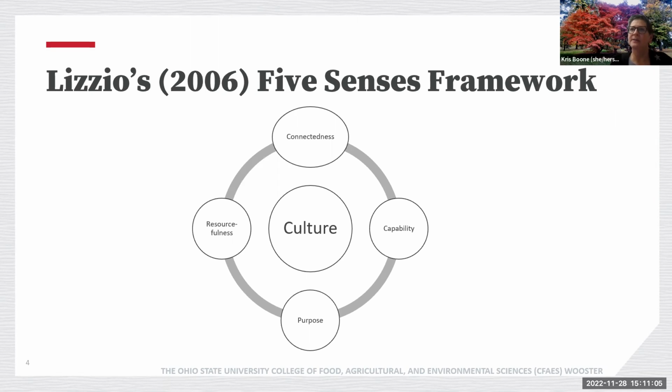That looks at connectedness, capability, purpose, and resourcefulness, and how that leads to a culture that identifies its clear values. The connectedness part is those relationship things. So it's a relationship to other students, relationship to faculty and staff, and then relationship to the institution and how well I identify with that institution.